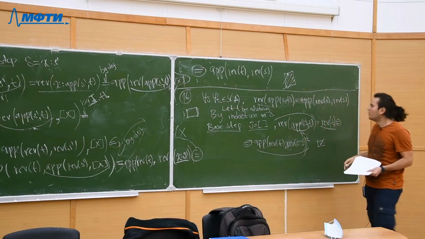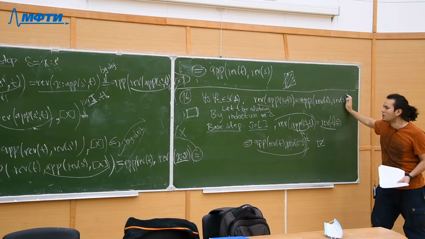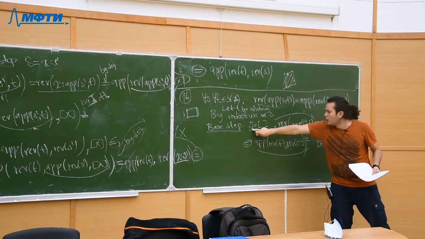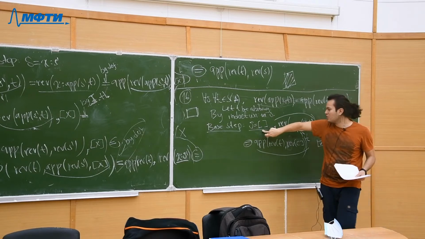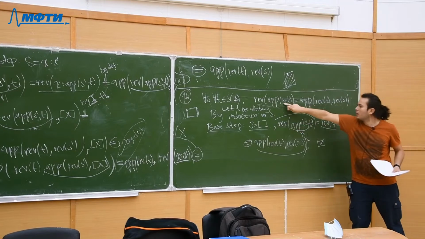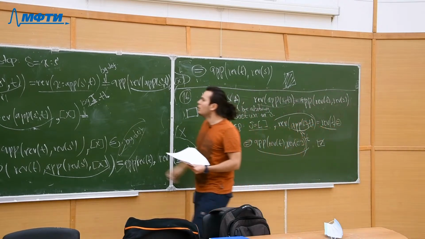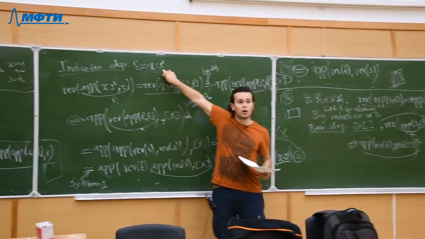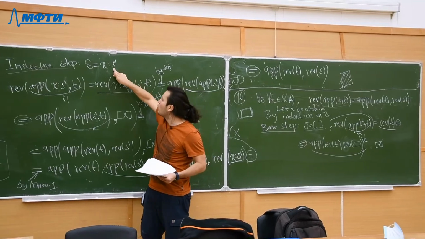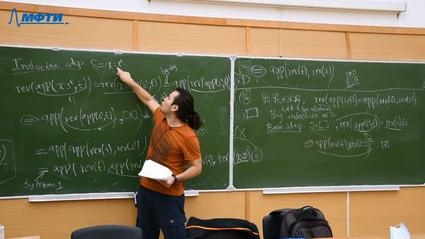But then, look, we just had to make some induction on S. So we said let S be an empty string, we just put the value of S here, and we obtain that it holds. And now we assume that this property holds for some S prime.